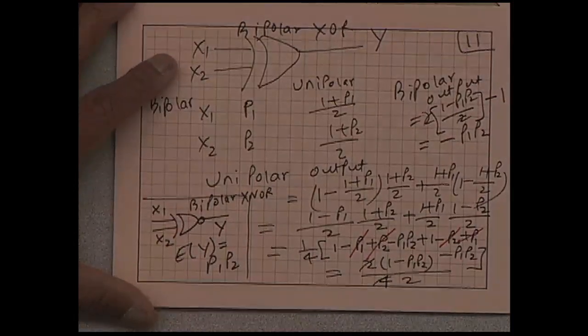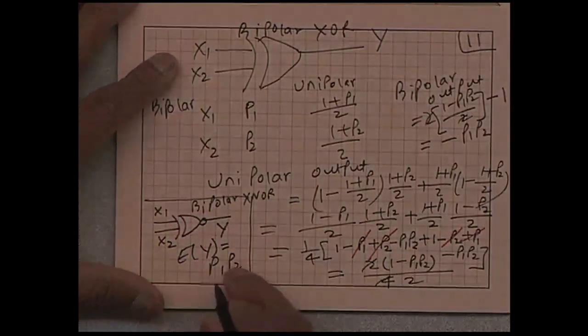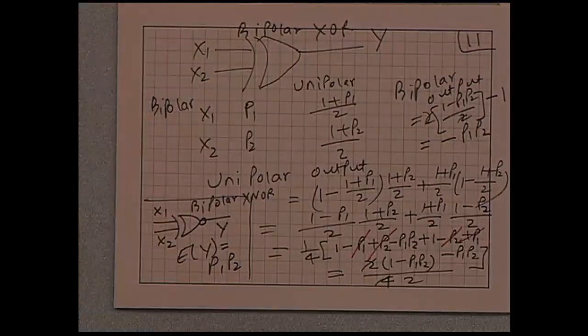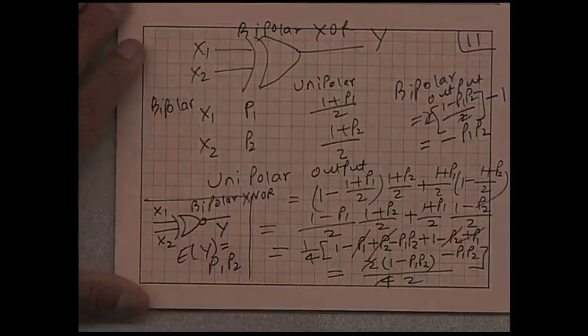So the unipolar product can be computed by an AND gate. The bipolar product can be computed by an exclusive NOR gate.